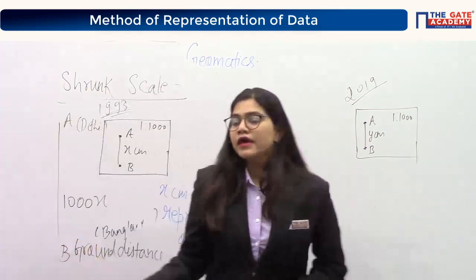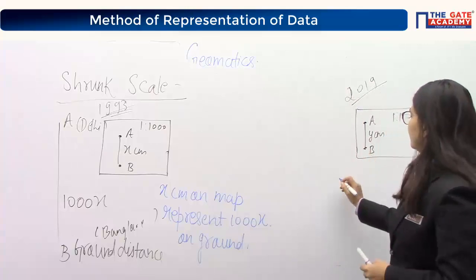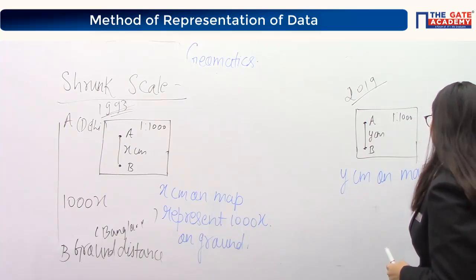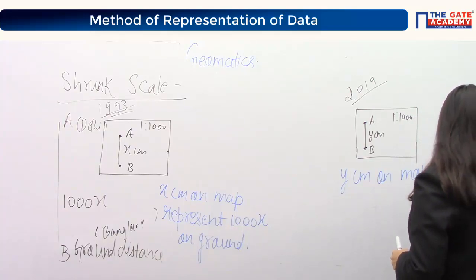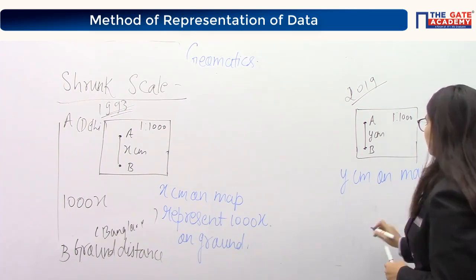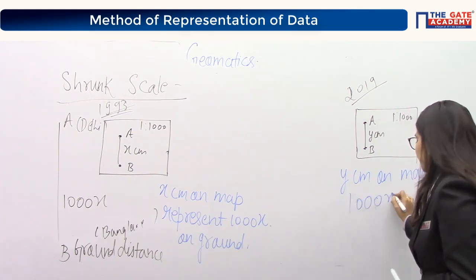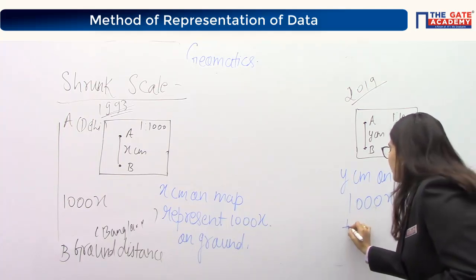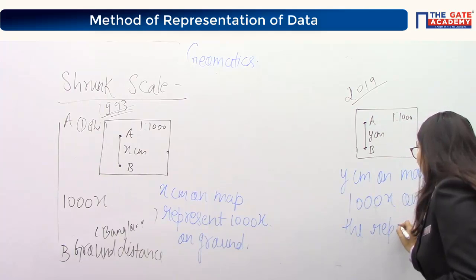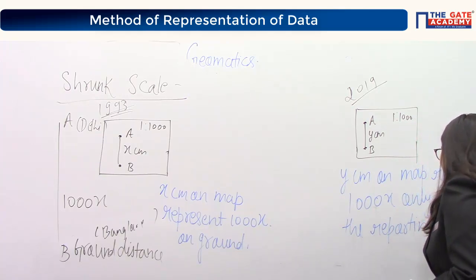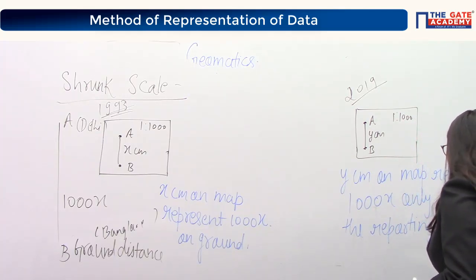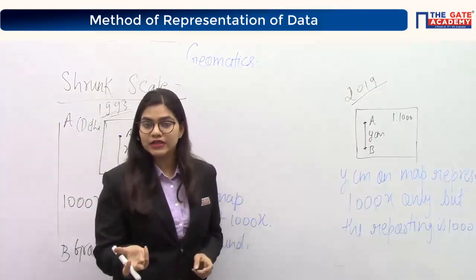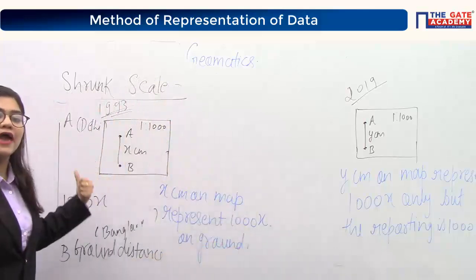And y centimeter on map represents 1000x only, but the reporting value is 1000y. The reporting value is 1000y, but the representation is the same. That will be your 1000x only.